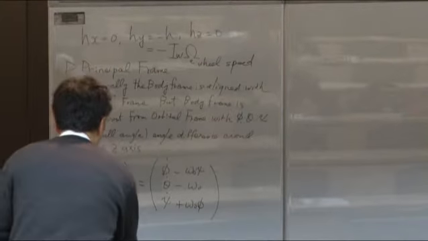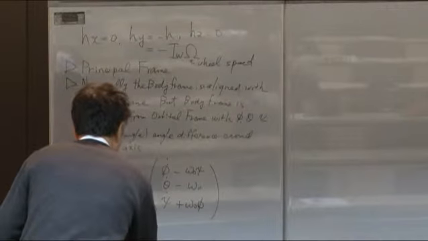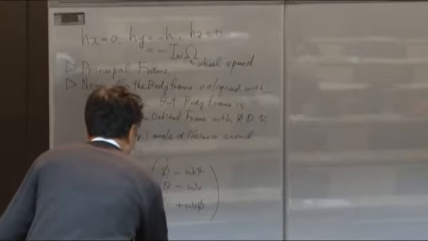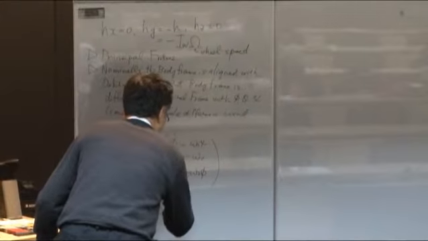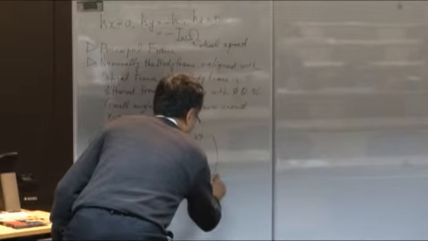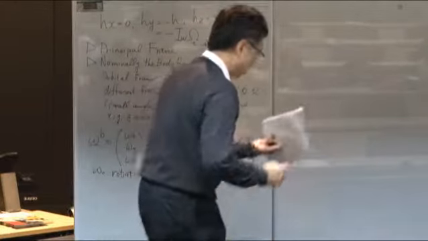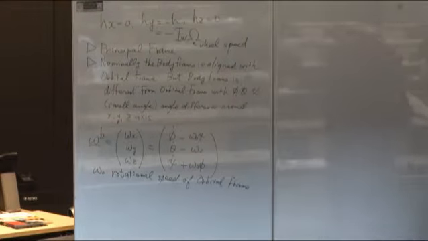The omega 0 is the rotational speed of the orbital frame with respect to the inertial frame.